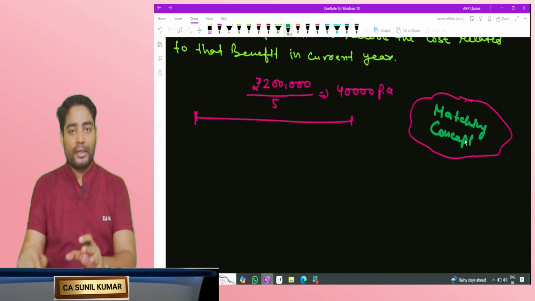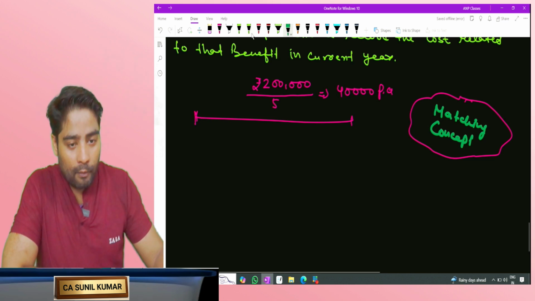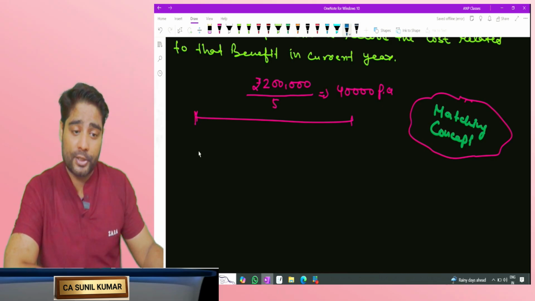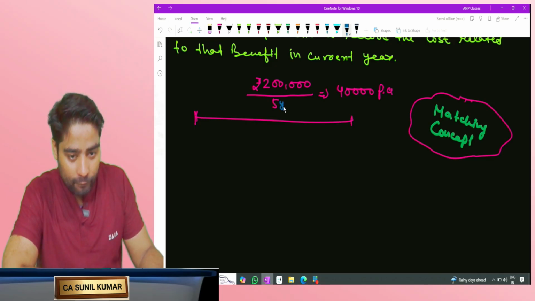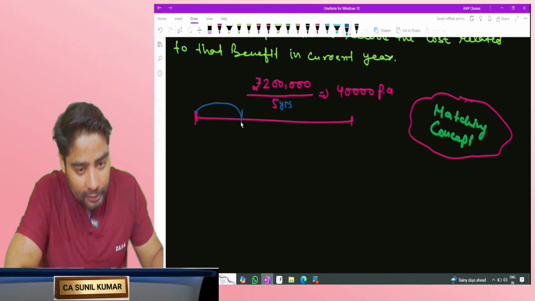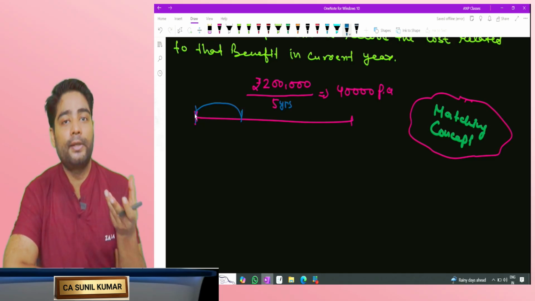Okay. Now relate this matching concept with depreciation. I'm saying that I have purchased this asset for rupees 2 lakh and for 5 years. So in the first year, how much benefit have I taken?